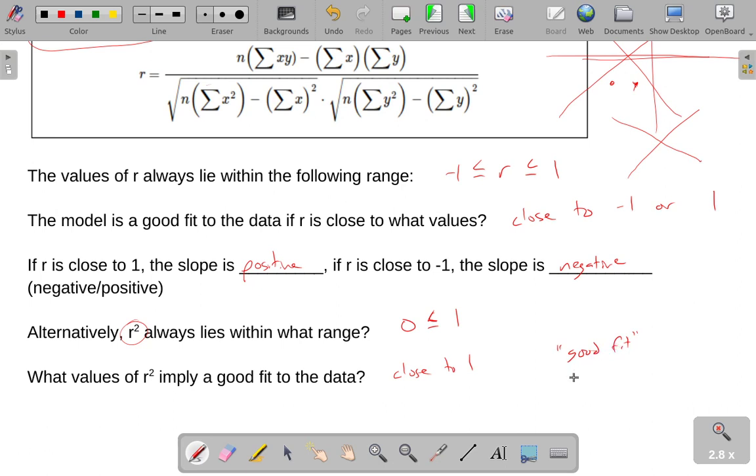So, as a general guideline, if it's 0.8 or higher, then it's usually good enough to feel like it models the data, or at least that's my personal opinion. Anything less than 0.8, and it starts to be really questionable whether or not it's actually describing the data. I would say 0.8 is a fairly decent cutoff for r squared.